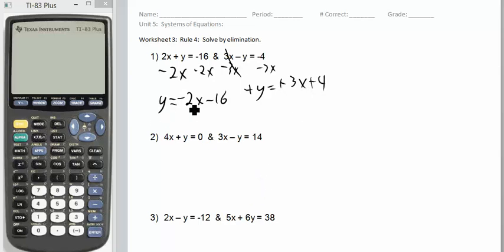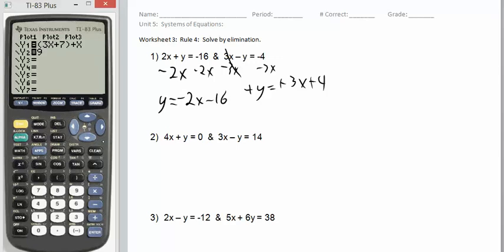So we've got these two equations, and we can just plug those into the y equals. Minus 2x minus 16 and 3x plus 4.